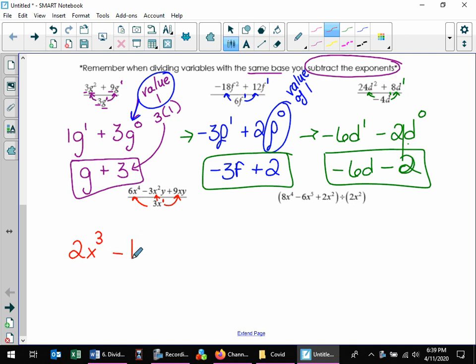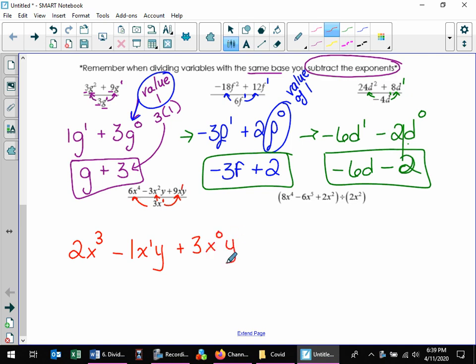And then we keep the x, and we have a 2 minus 1, so it leaves us with a 1. But what about that y? Well, the good thing is that we have no y's, so we just write it down again. Easy peasy. And then going to our last one, positive 9 divided by a positive 3 is 3. Keep the x, that's going to go to 0, and then we just write down our y.